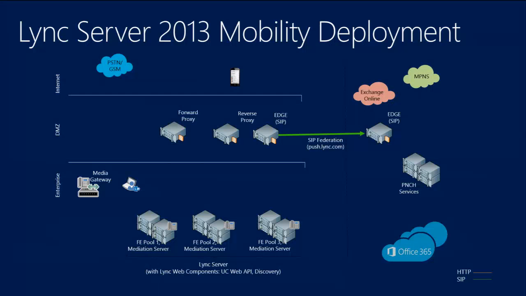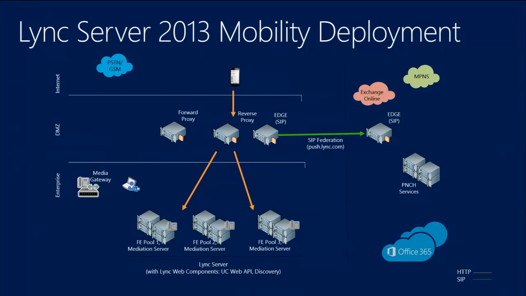Here's where we start looking at the mobility deployment itself. Let's say this is an external user. When the user is signing in, the user is going to go through a reverse proxy. When we're looking at this web API, you can think of the client as an HTTPS client.